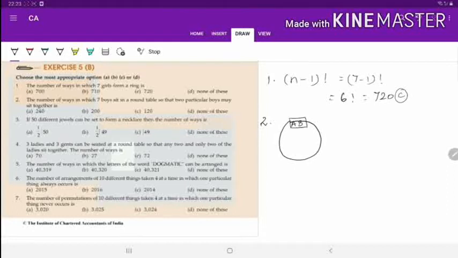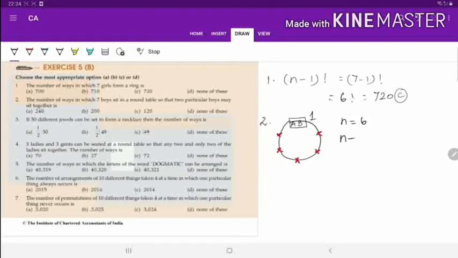So they form one group, and the rest of the boys can be considered as separate groups, and they can be marked like this. So altogether we have 6 groups in circular permutation. So n is equal to 6.